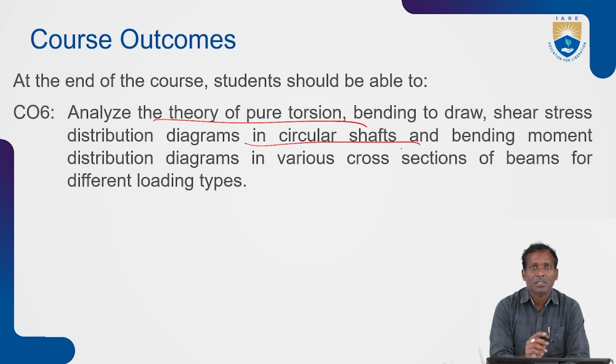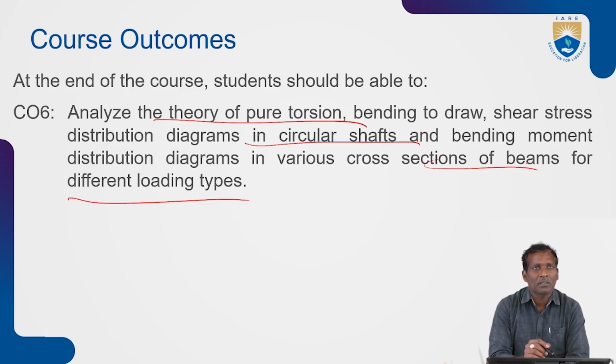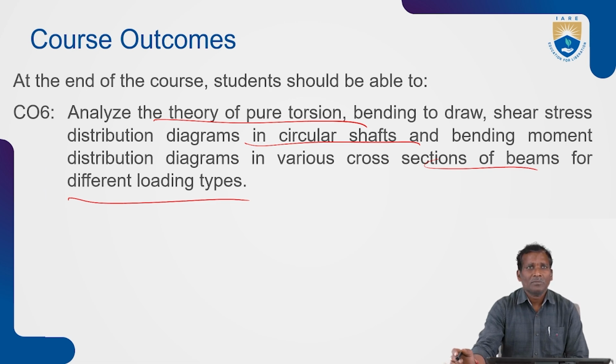Whenever circular shafts are subjected to torsional loads, how to draw the shear stress diagrams, and then bending moment distribution diagrams in various cross sections of beams for different loading types. The student will learn this in this module, so that the student should be able to analyze the theory of pure torsion and calculate shear stresses. After completion of this topic, they will be familiar.